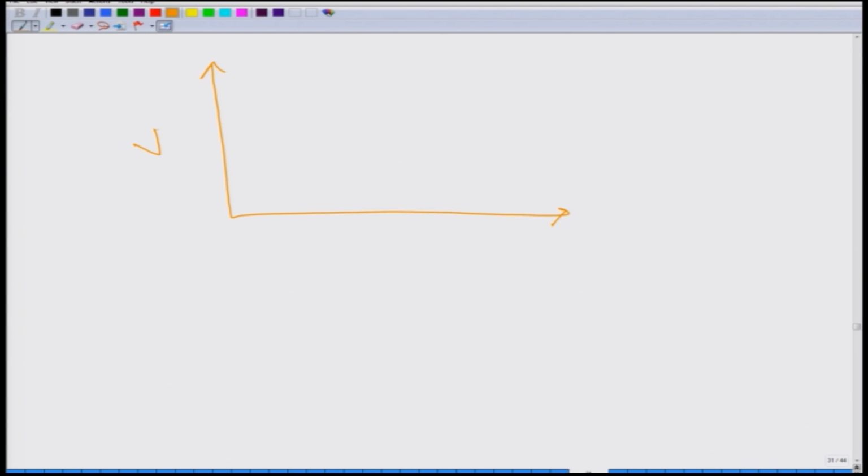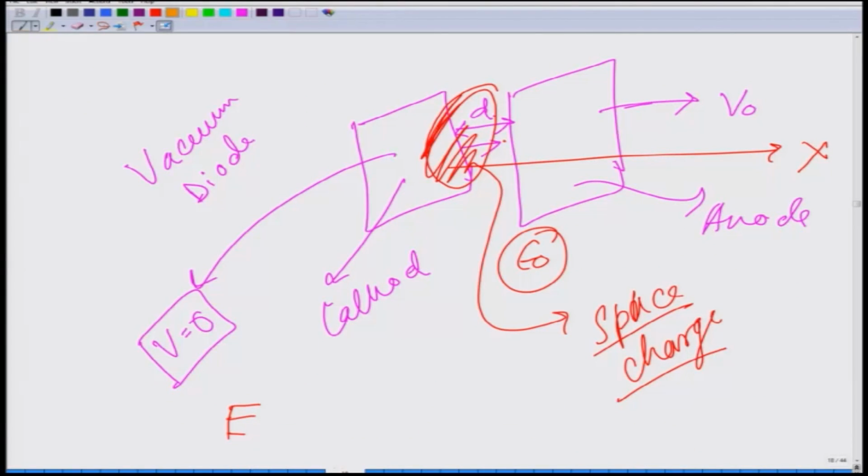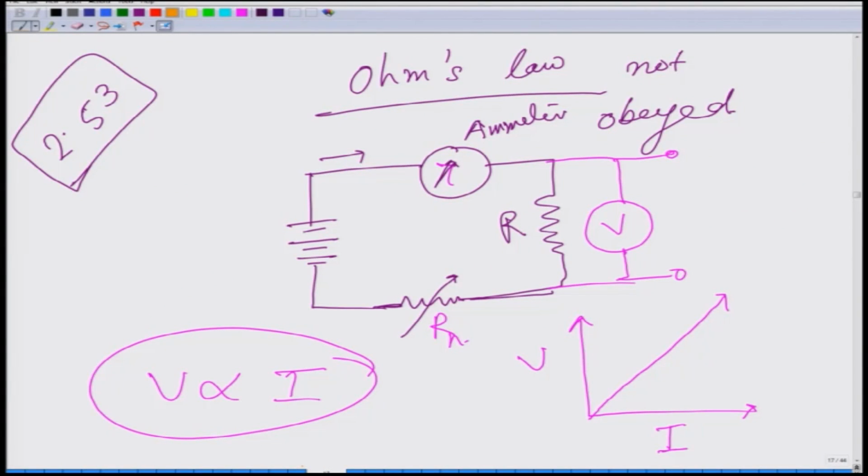When you plot V with respect to I, in the first diagram we have seen, this is the verification of Ohm's law, and you expect a linear function.